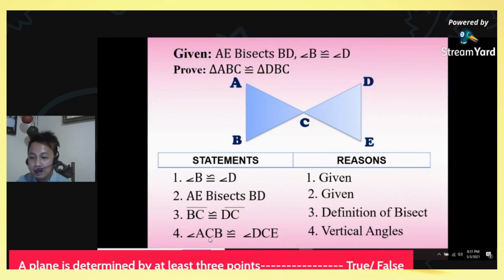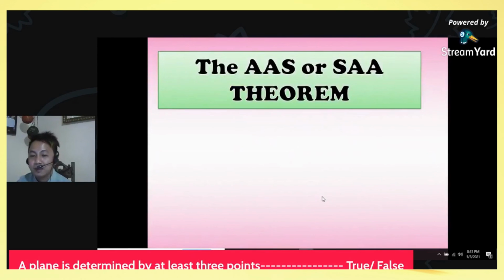And number 4, angle ACB is congruent to angle DCE because they are vertical angles. Therefore, we forgot to write, therefore, triangle ABC is congruent to triangle... Oh, I think that's wrong. That should be triangle DEC. Okay, kindly check this one. That should be triangle DEC, because of the angle-side-angle postulate.